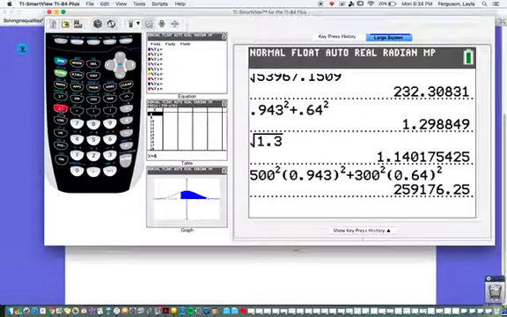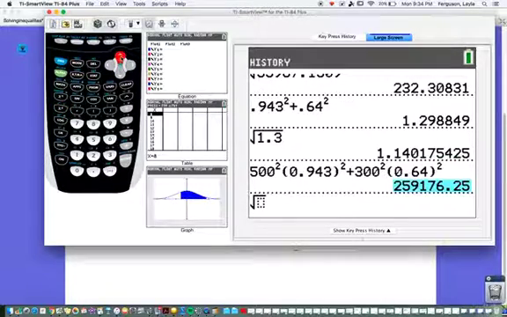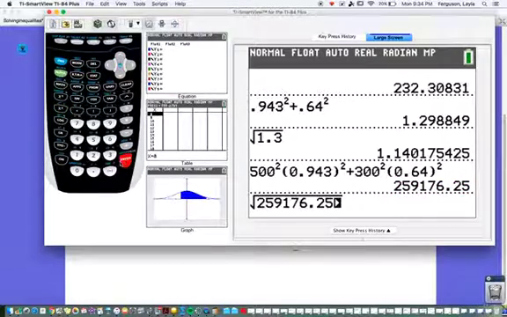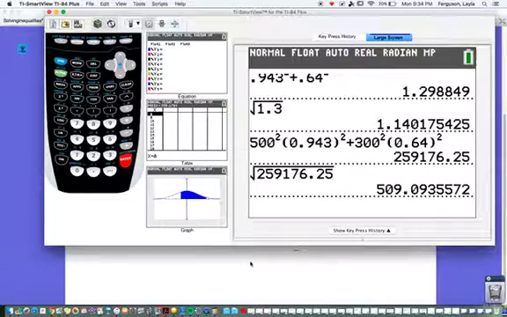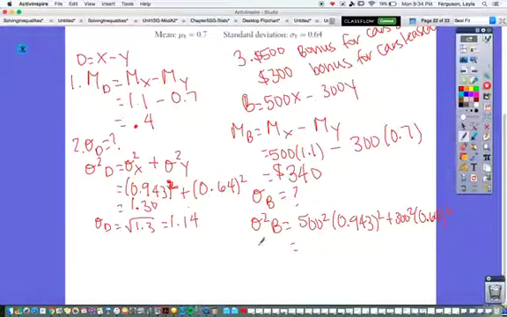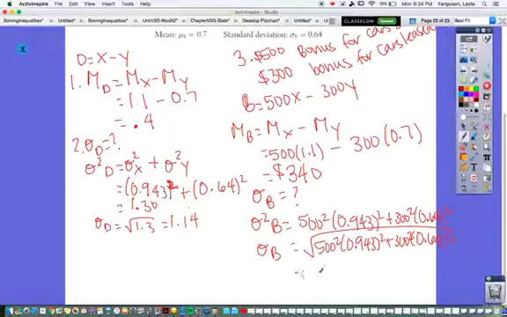But you need to find the square root of that because that gives you the variance, not the standard deviation. And whenever you do that, you would get 509.09. So the standard deviation for B would be the square root of all of that, which we know would be 509.09.